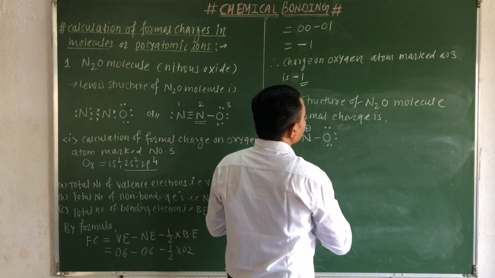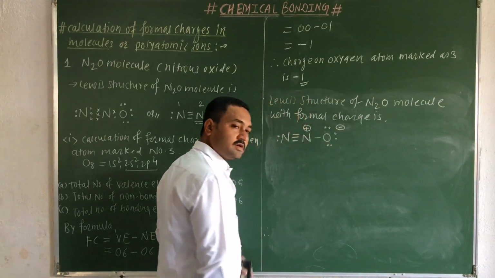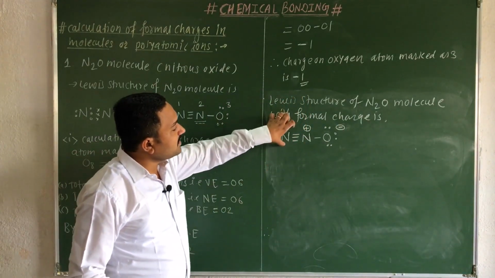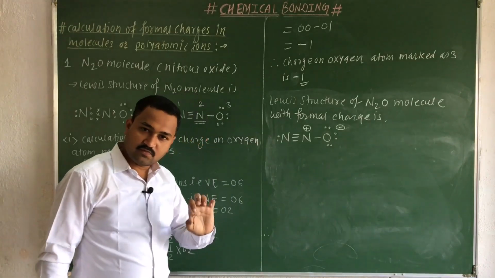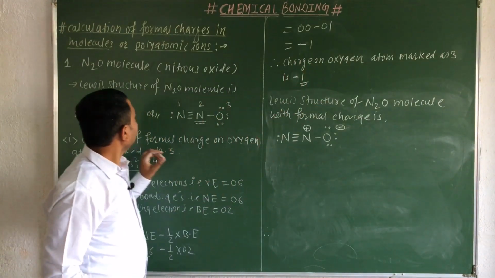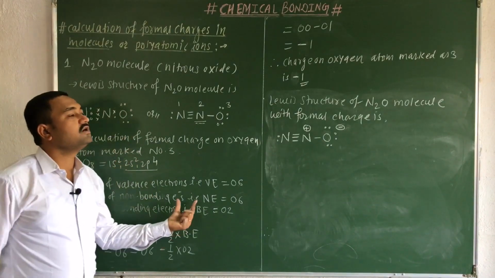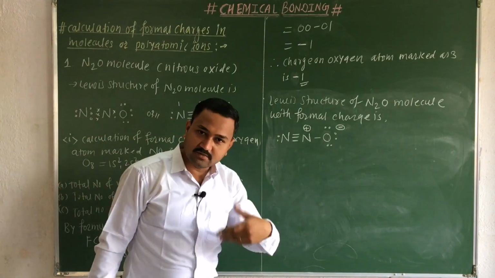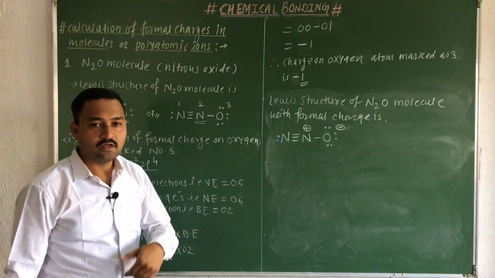Okay, so this is the representation of the Lewis structure with the formal charge, and simply by knowing the Lewis structure we can find out the formal charge on any atom in a molecule or a polyatomic ion.